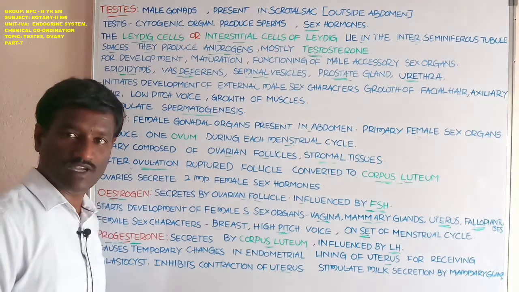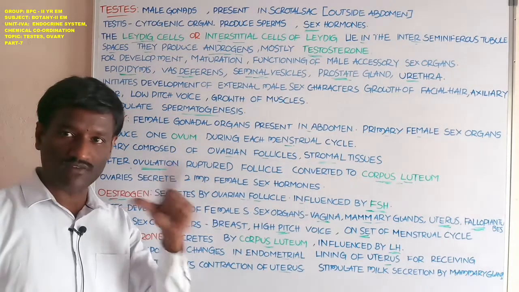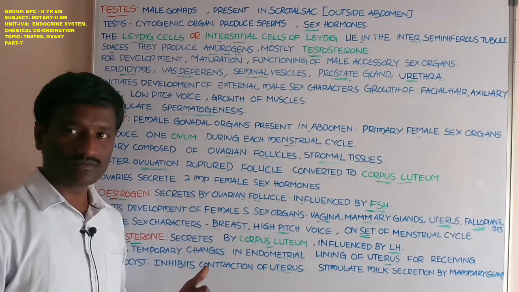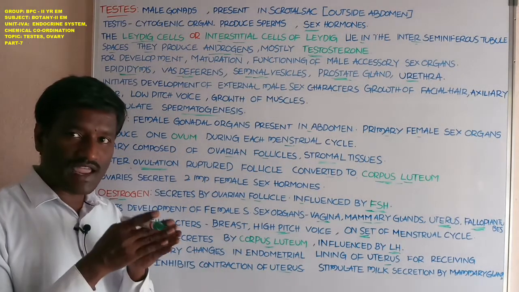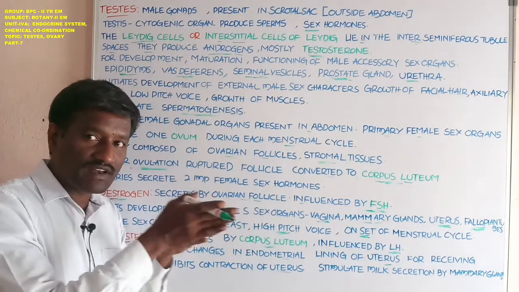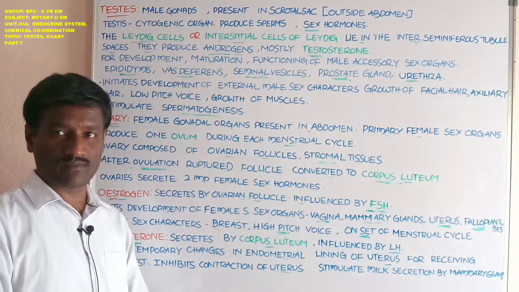Blastocyst means partial development of the egg in the process of embryonic development. The fertilized egg is attached to the endometrial lining of the uterus wall.